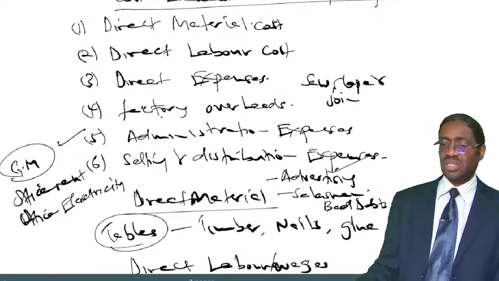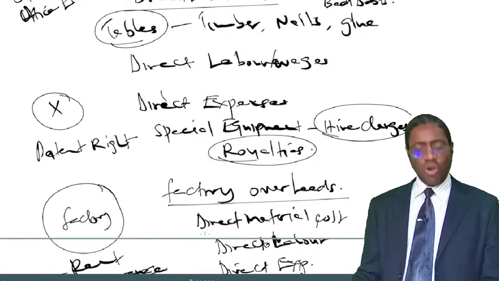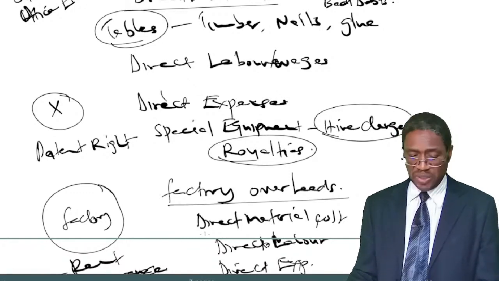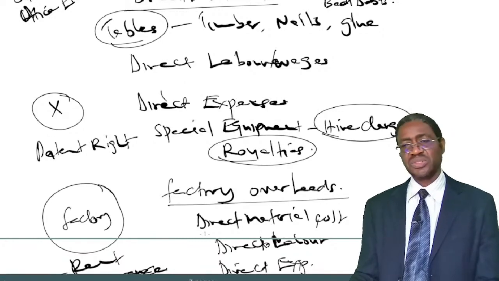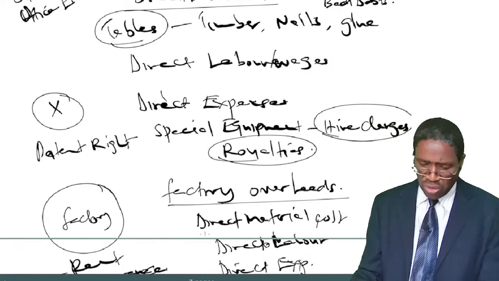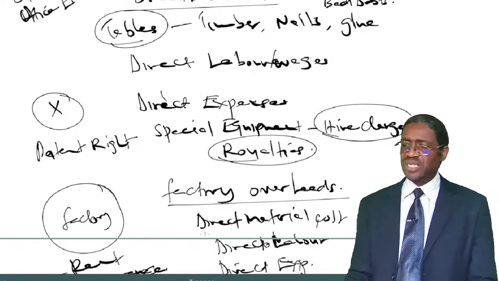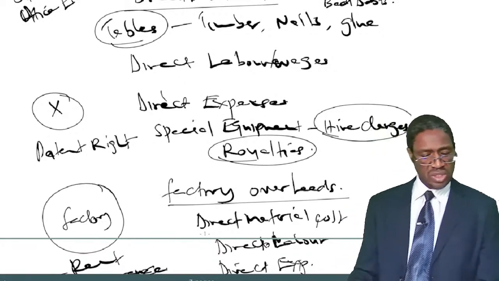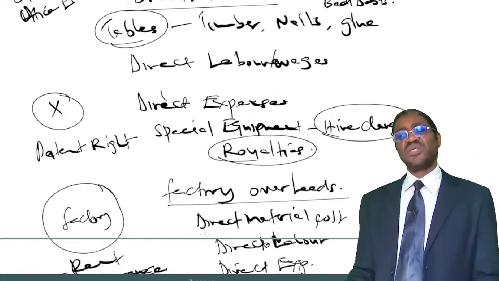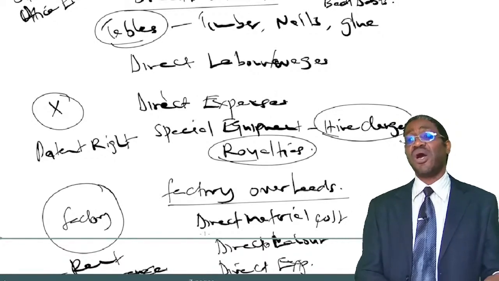For example, hire charges for hiring special equipment, and royalties paid to the owners of patent rights for using their ownership right.